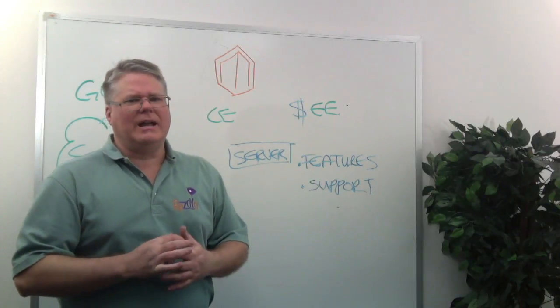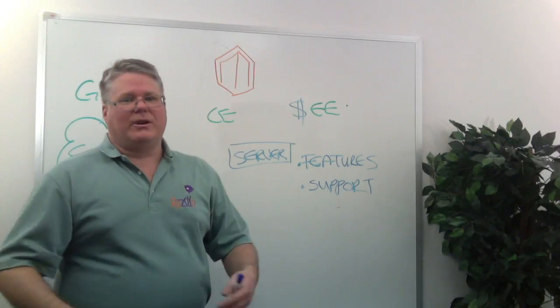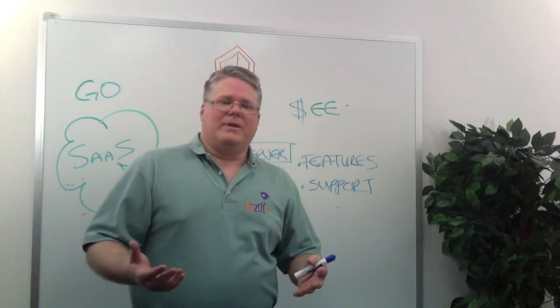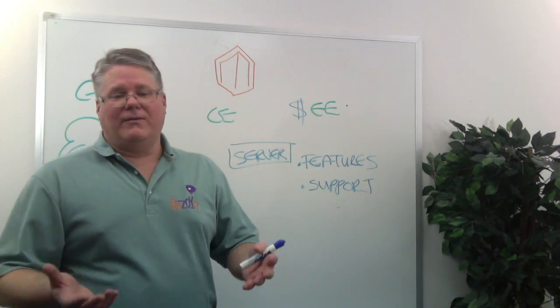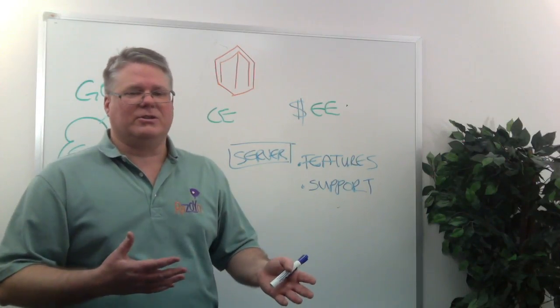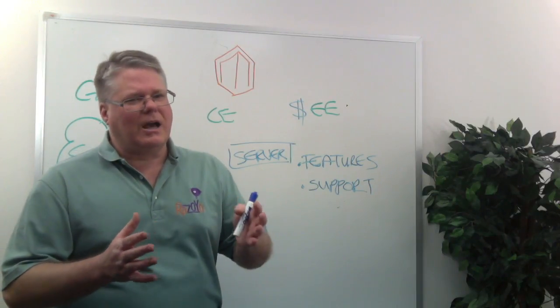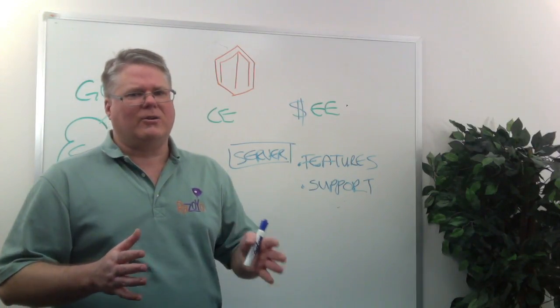On the community side, the support is really just knowledge base and forums. You're going to have to hire a systems integrator or a developer to help you maintain your store if you're not a technical person yourself. Now, on the enterprise side, that support is really designed for that systems integrator, for the technical person.